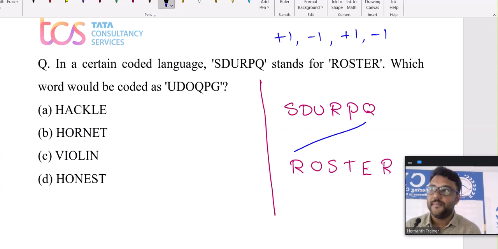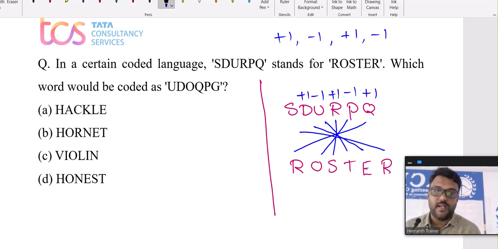Q's next letter is R. P's before letter is O. R's next letter is S. U's before letter is T. D's next letter is E. S's previous letter is R. So here plus 1, minus 1, plus 1, minus 1, plus 1, minus 1.